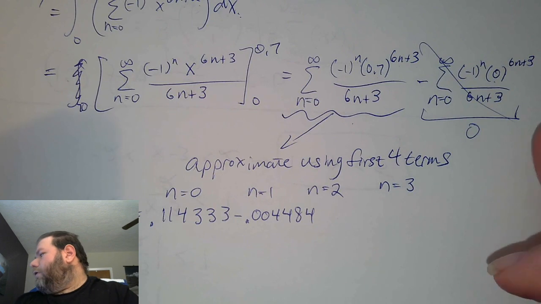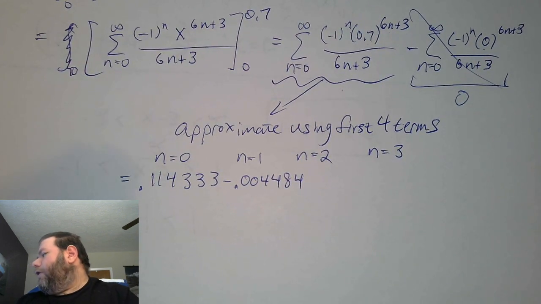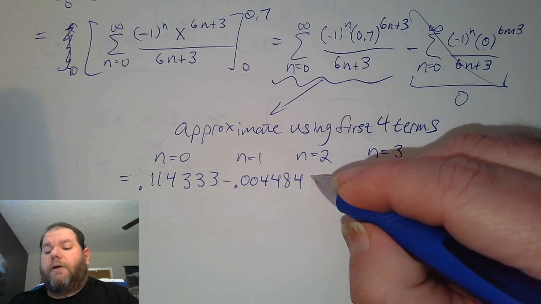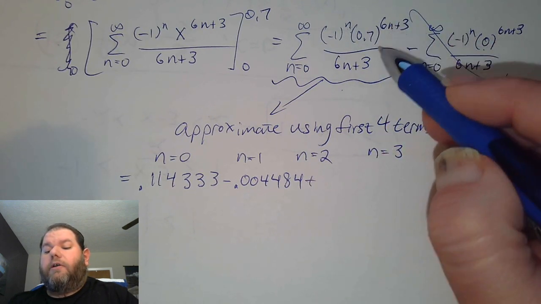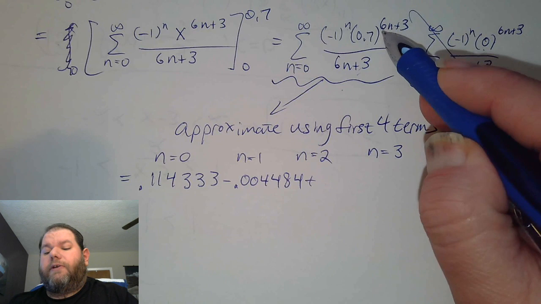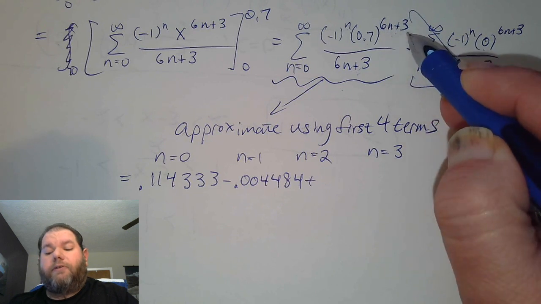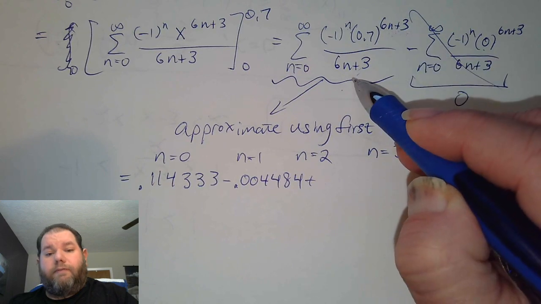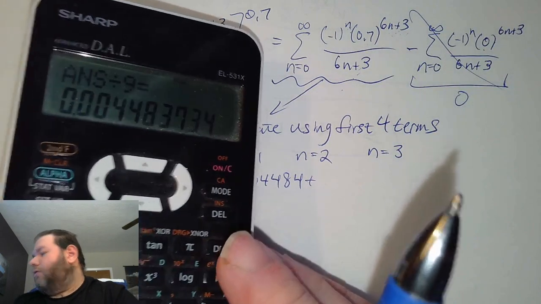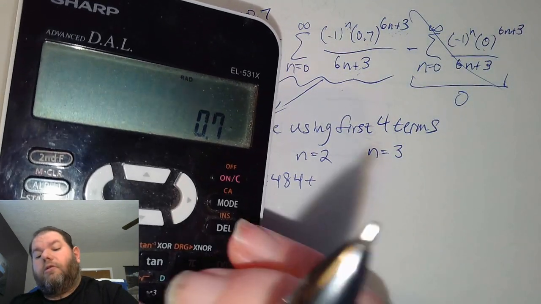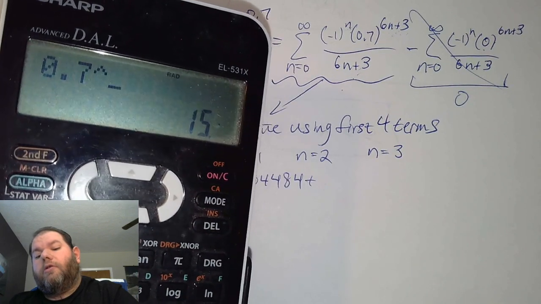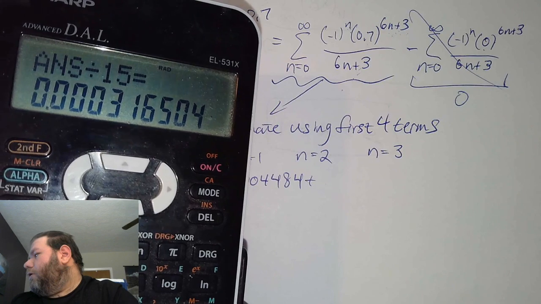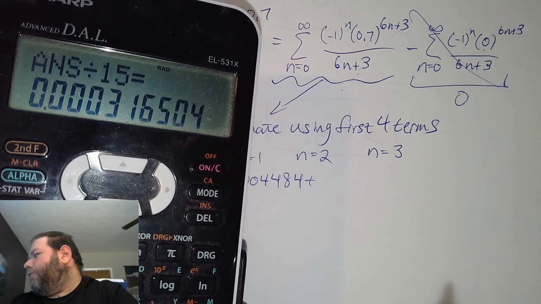Okay, n equals 2. Negative 1 squared will give us a positive. And these numbers are the same, so 6 times 2 is 12, plus 3 is 15. So 0.7 to the 15 over 15. So 0.000317.